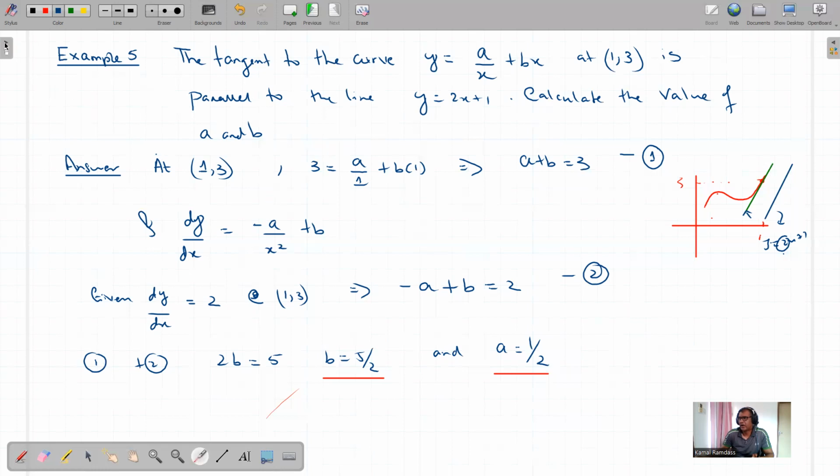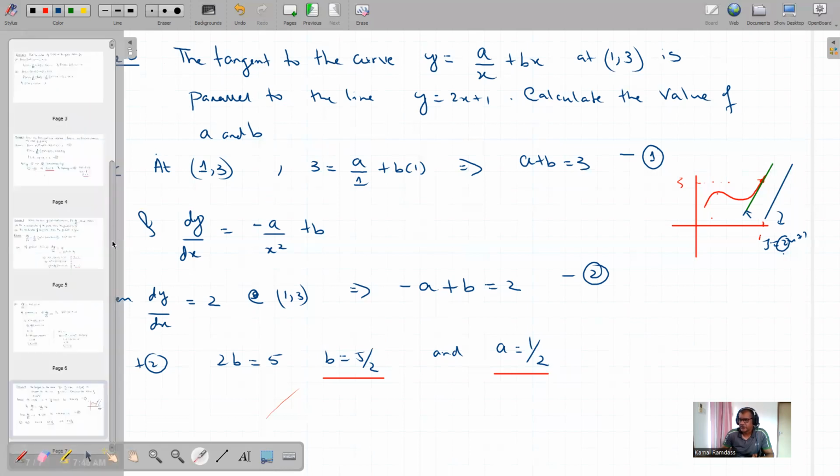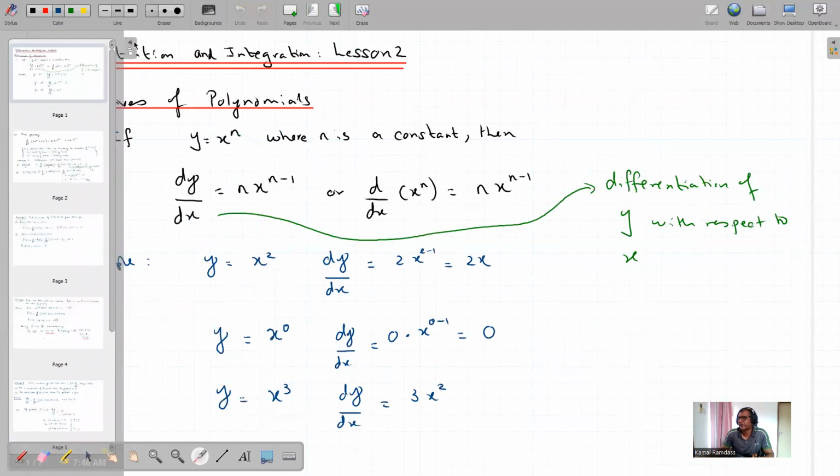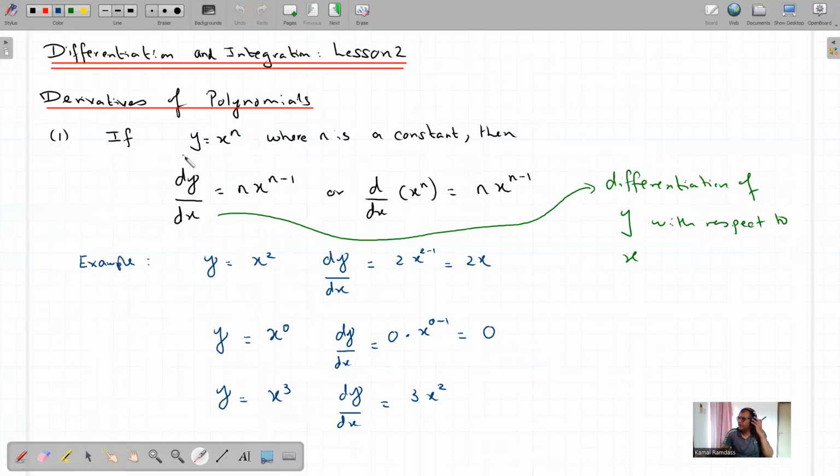Et là, je vais encore poser une question. OK, je vais faire trois easy questions pour montrer comment nous servir de la formule de la dérivative of polynomial, of a general polynomial. y is equal to x to the power of n, dy by dx is equal to nx to the power of n minus 1.